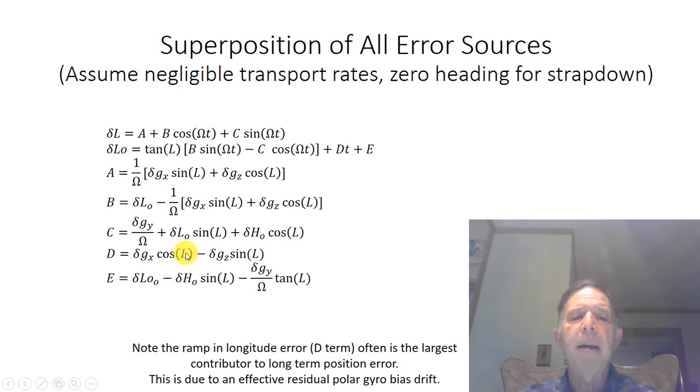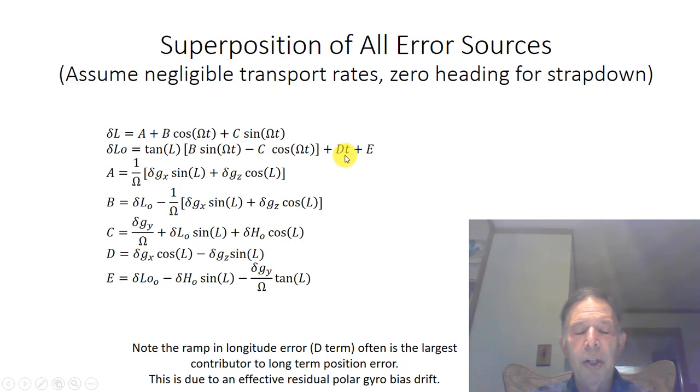That is, the resultant of this combination of the X gyro bias plus Z gyro bias is essentially a residual effective polar gyro bias. So it's the residual effective polar gyro bias expressed in this term D that causes this ramp in longitude error.